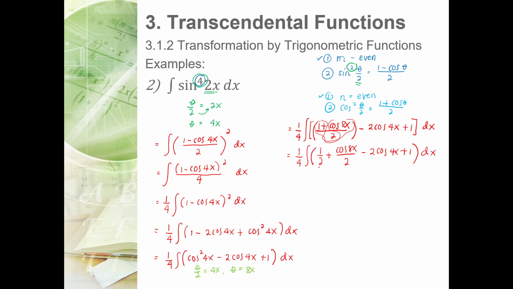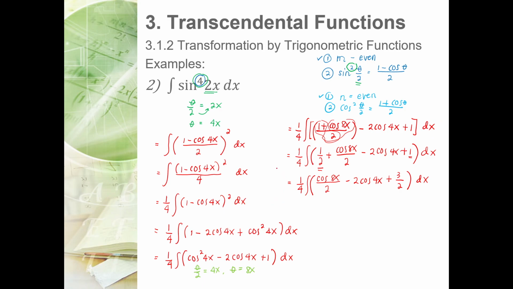So we can combine 1/2 and the constant 1. I'll make it step by step for you to see the flow of the calculation. So cosine 8x over 2 minus 2 cosine 4x, and 1 plus 1/2 is 3/2 dx.